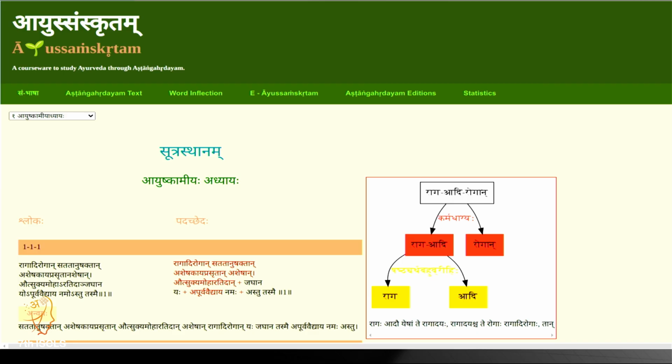Okay. The next tool which I would like to present is Ayush Samskritam. Ayush Samskritam was initially developed by Dr. Shivaja Nair under the guidance of Professor Shivani itself. Here the aim of Ayush Samskritam is to generate a kind of courseware for people who are learning medical science, essentially Ayurvedic science. Ashtanga Hridayam is what we have taken here.